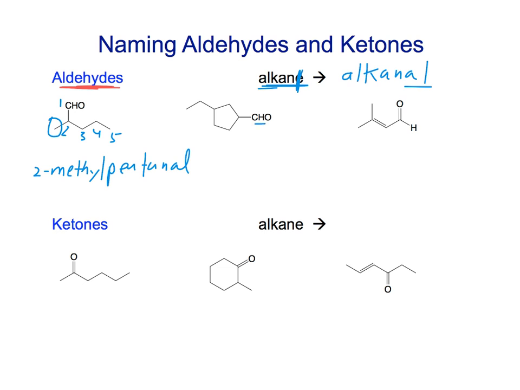If the aldehyde is attached to a ring that would be the parent alkane, remember with carboxylic acids we would say cyclopentane carboxylic acid. Here, we add carbaldehyde on the end.